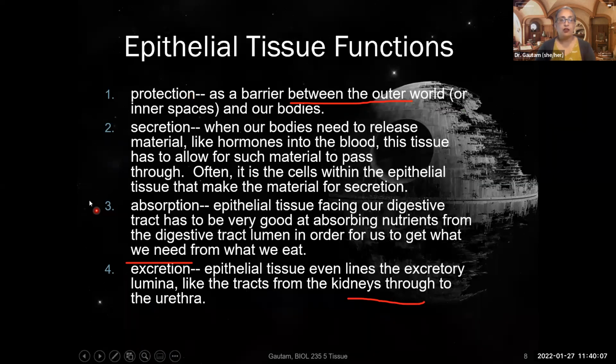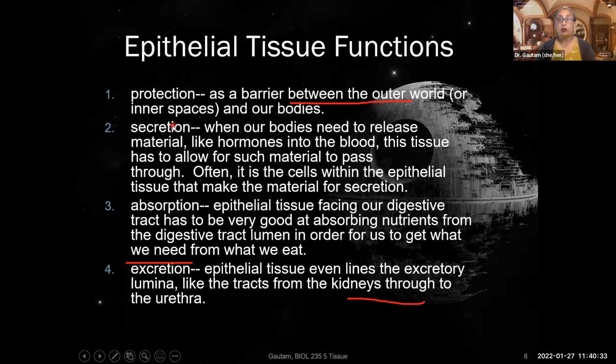So let's look now at the functions of epithelial cells or tissue. When we're talking about functions, remember there are two types, right? One, the sheet-like, and the other is glandular. When we're talking about the sheet-like epithelial tissue, their function is protection, right? Because it forms this barrier from the outer world to the inner cavity spaces.